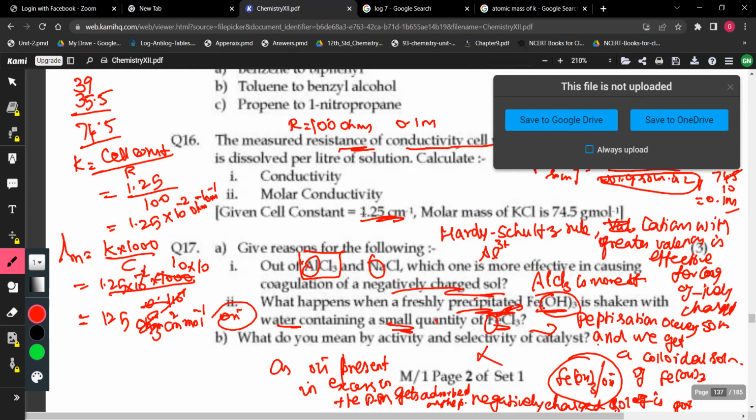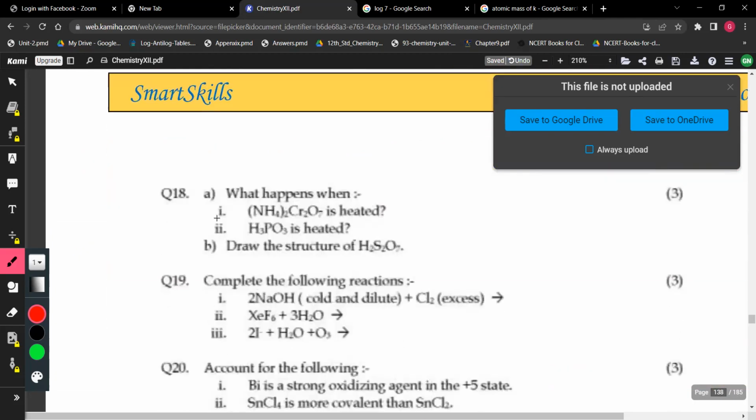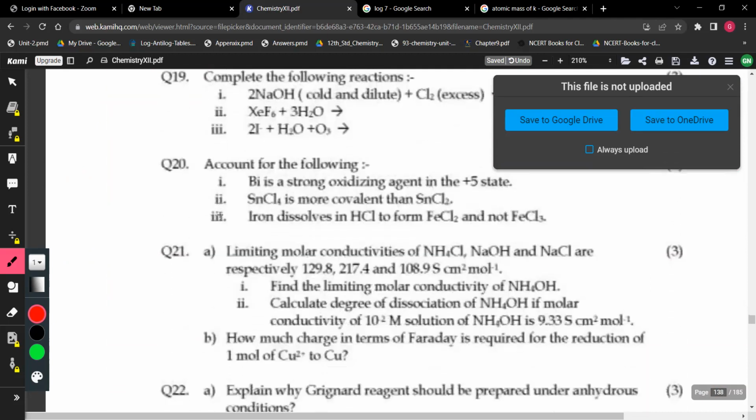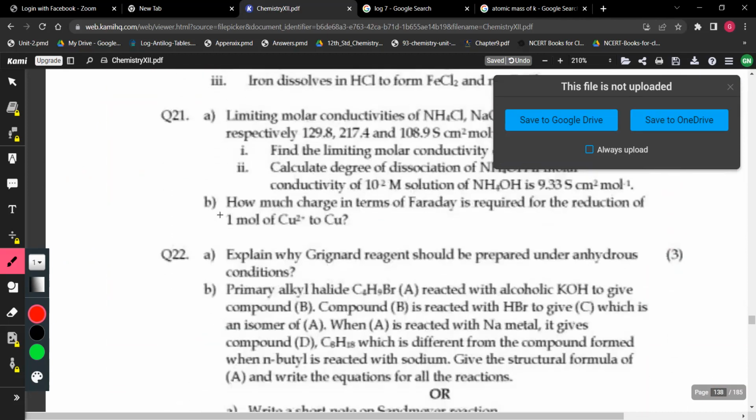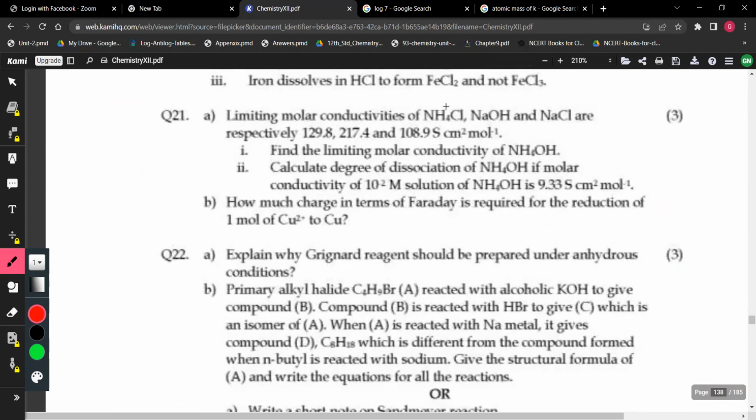Activity and selectivity we don't have. Limiting molar conductivities of NH4Cl, NaOH, NaCl are given respectively. So these respective values only you have to take.